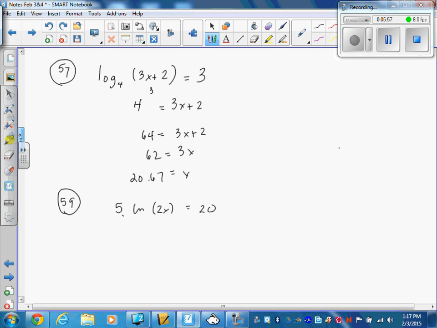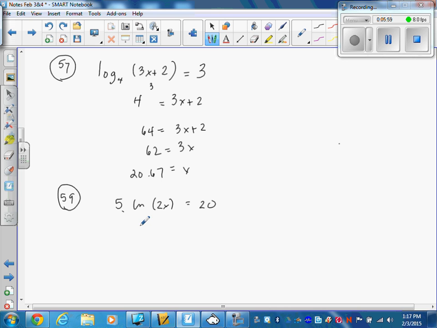Okay, number 59. Remember when we had a coefficient, you want to divide by 5. So the log of 2x equals 20 divided by 5, which is 4.